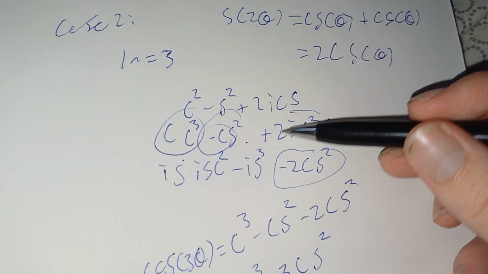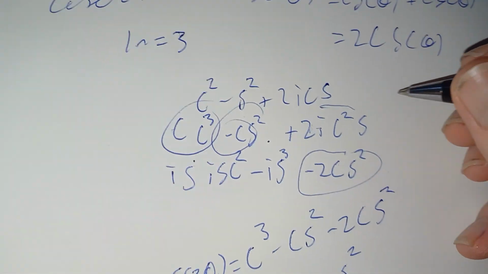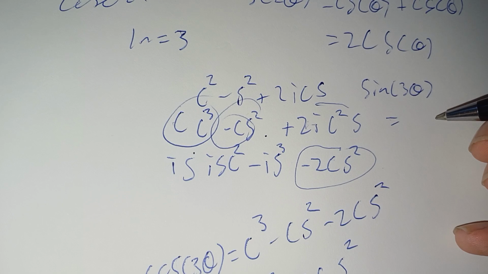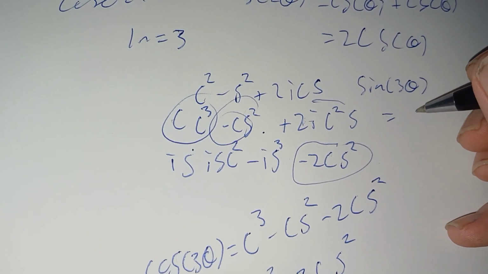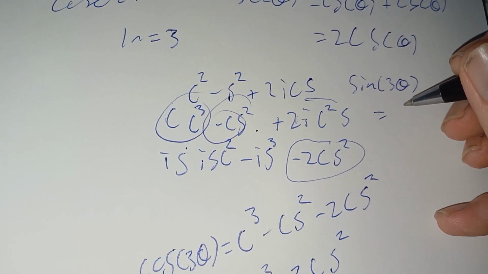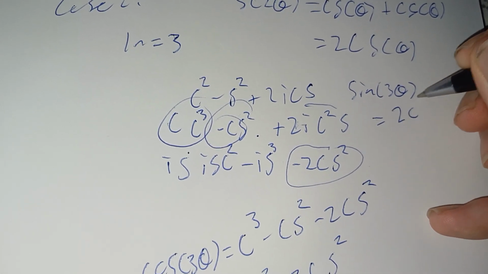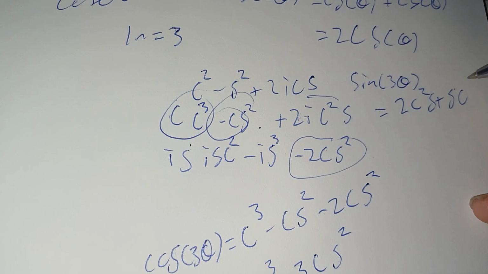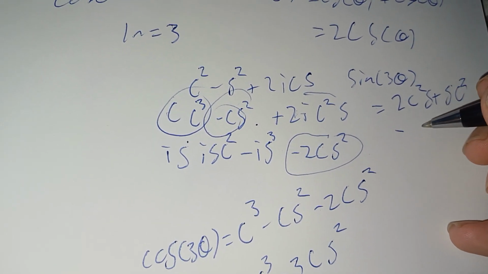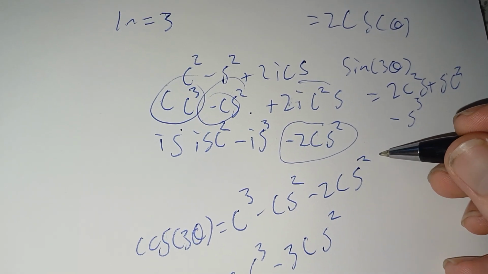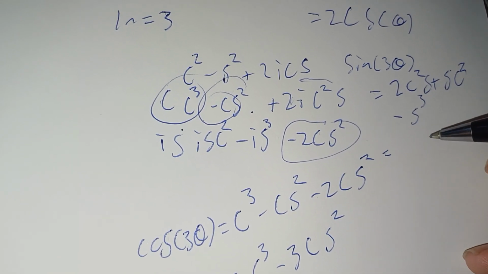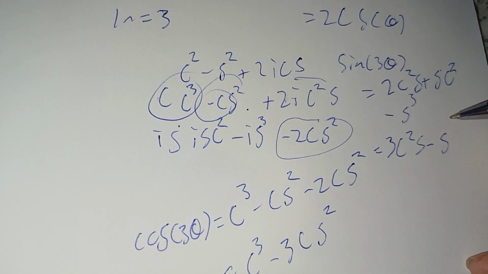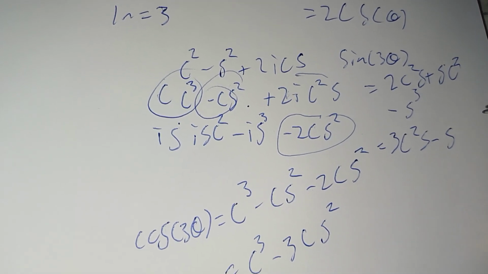And we can do the same thing for sine, and we get that sine of 3 theta equals 2 cosine squared sine plus sine cosine squared minus sine cubed, and they have the same factor of cosine, so we get 3 cosine squared sine minus sine cubed.